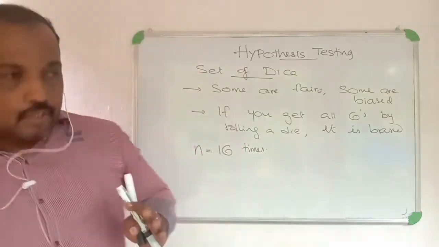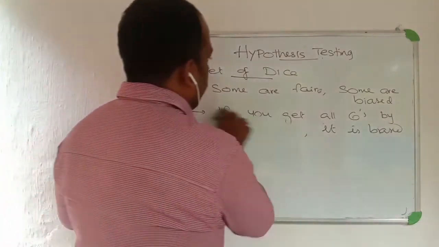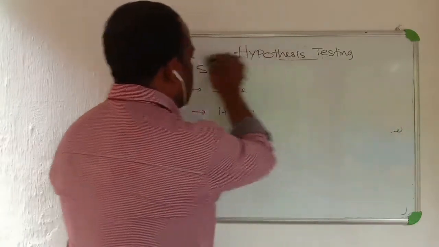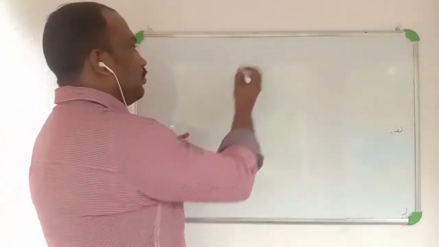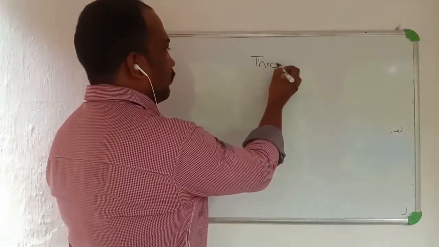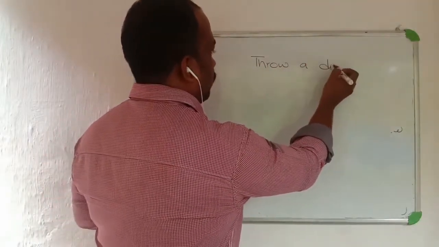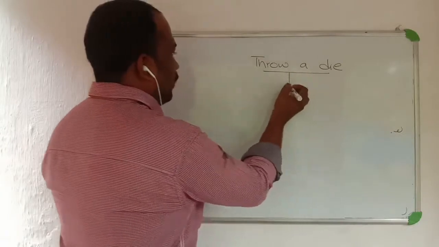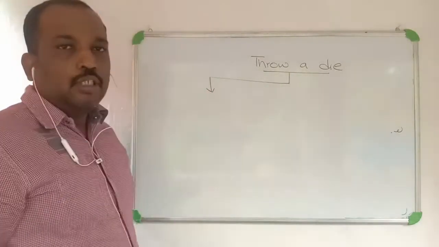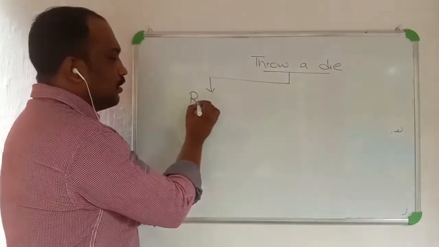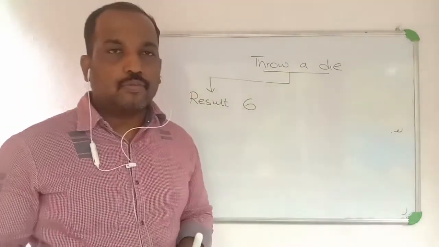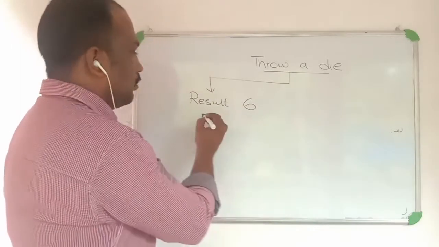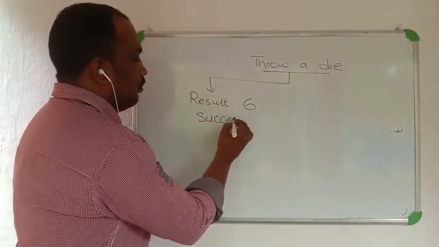Okay. So when we consider this question, your experiment is rolling a die. So throw a die. And our claim is, if you get the result as 6, you are successful.